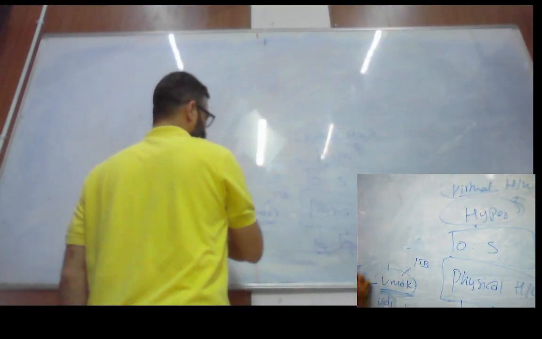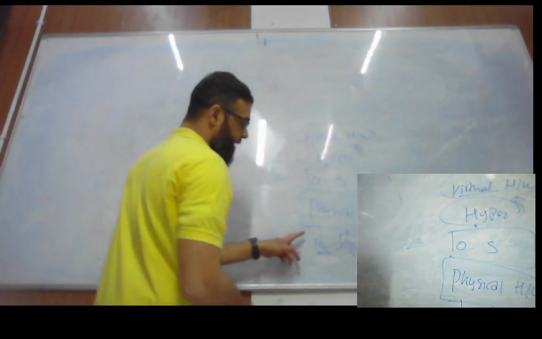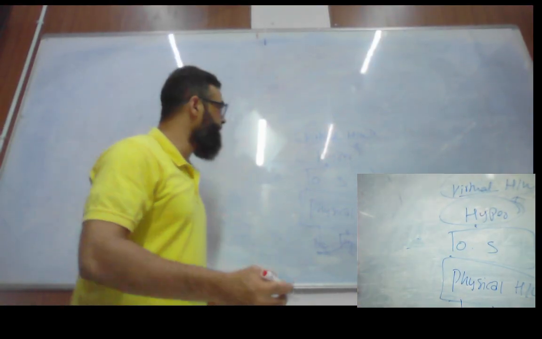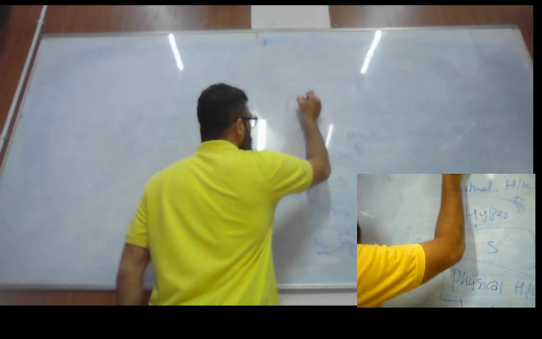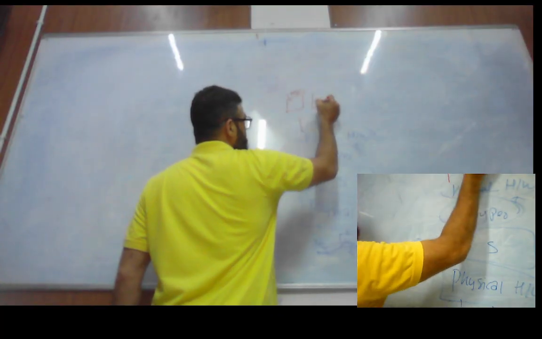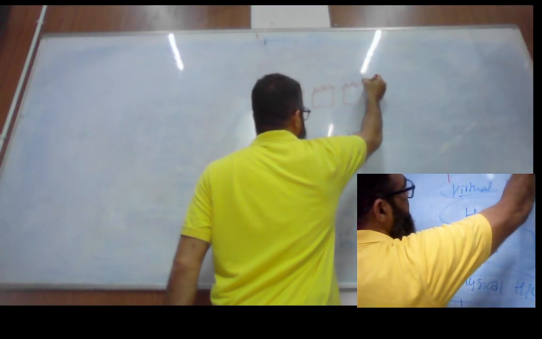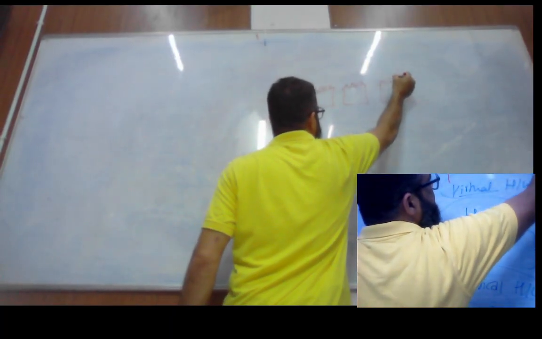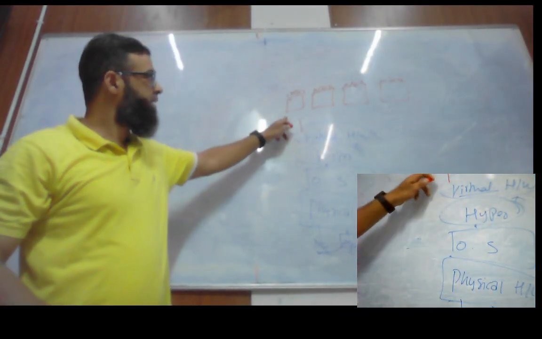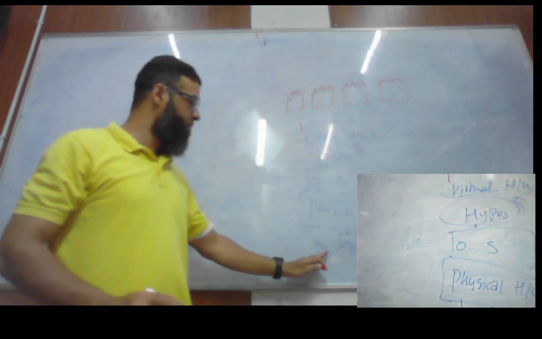I can attach a maximum of one NIC card physically, but virtually I am attaching NIC 1, NIC 2, NIC 3 and NIC 4, even though I have only one.